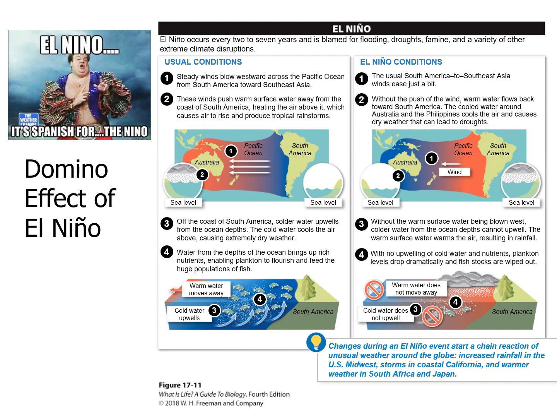So there is little to no wind pushing that warm water away from South America towards Australia and Southeast Asia. What that means is that the sea level in South America stays high, and those tropical rainstorms will happen in South America. Australia will stay cold, as will the temperature around Australia and the Philippines.